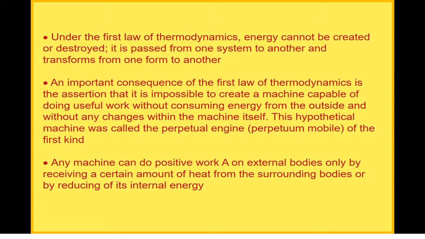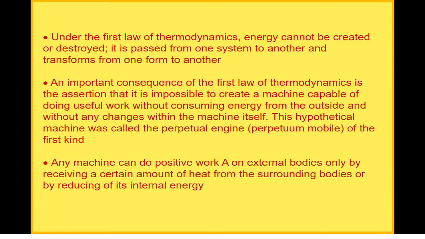So, under the first law of thermodynamics, energy can't be created or destroyed. It is passed from one system to another and transforms from one form to another. An important consequence of the first law of thermodynamics is the assertion that it is impossible to create a machine capable of doing useful work without consuming energy from the outside and without any changes within the machine itself.